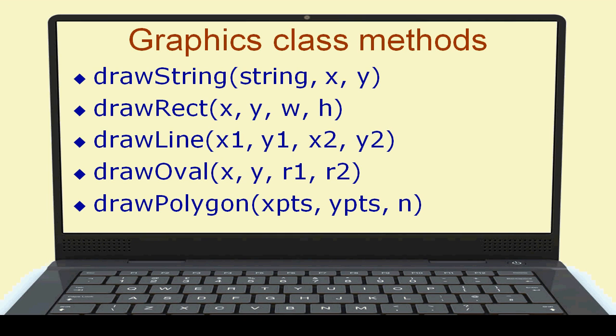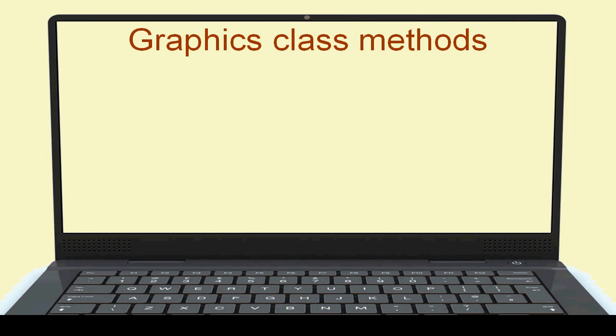drawPolygon method takes three parameters: xPts and yPts, these are the two arrays, and n is the number of sides or edges of the polygon. This is a rectangle drawn by the drawRect method. drawLine, drawOval, and drawPolygon. Continuing with the rendering methods, the draw methods have corresponding fill counterparts.